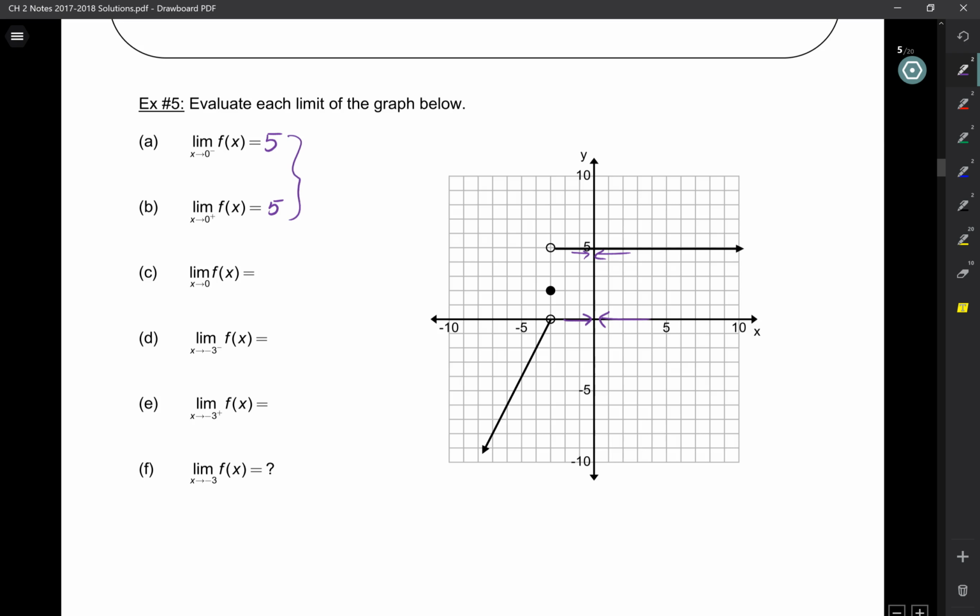Because these are the same, so at x equals 0, it's also 5. By the way, what if I were to ask you as like part C.1 or whatever, what's f of 0? What would you say? I would say 5 too, right? So f of 0 is equal to 5. That's the actual value there.